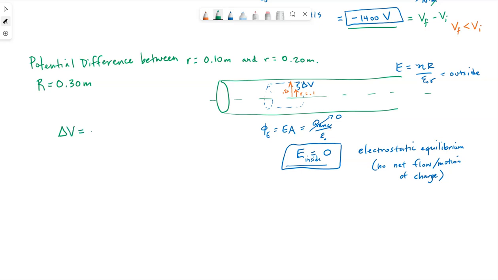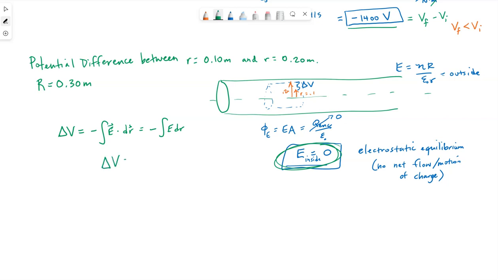Well, we just used the equation of delta V is the negative integral of E dot dr, which if we move along the electric field, we can write as E times dr. But inside the conductor, E is equal to 0.